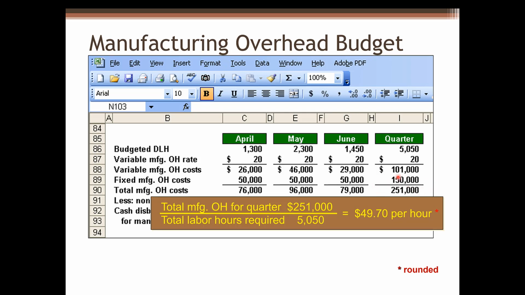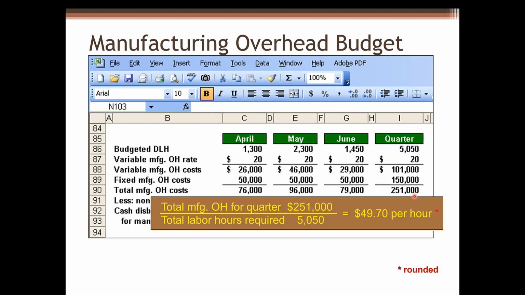Based on the total budgeted MO costs, we can calculate the predetermined overhead rate. Remember the formula to calculate the predetermined overhead rate? We divide total estimated manufacturing overhead by total level of allocation base.